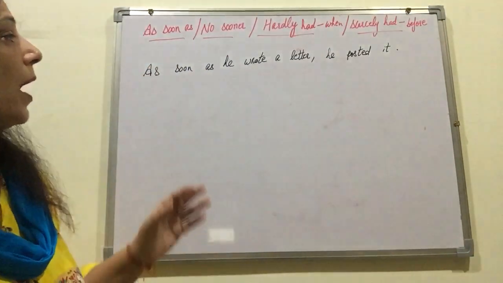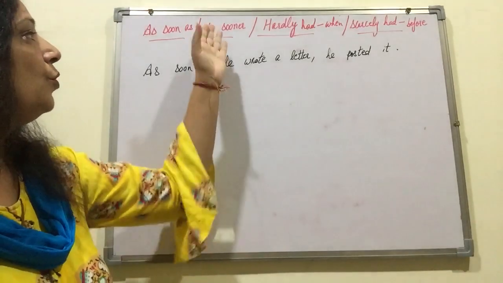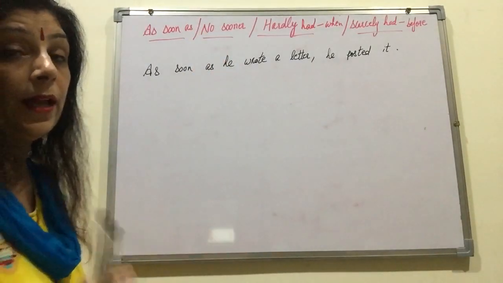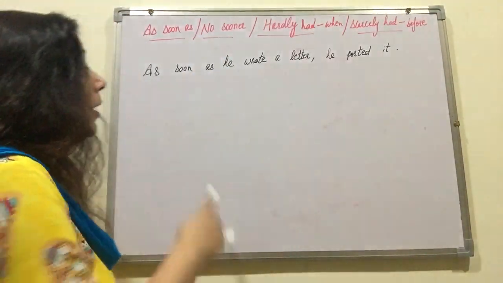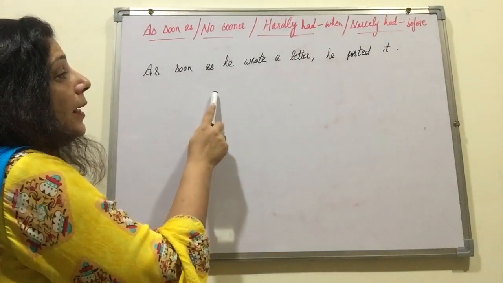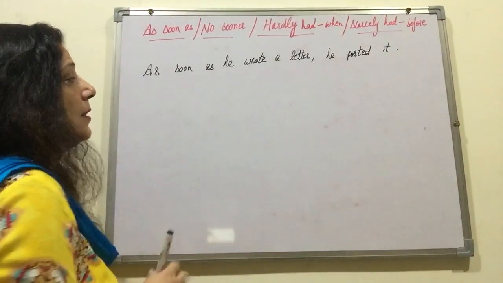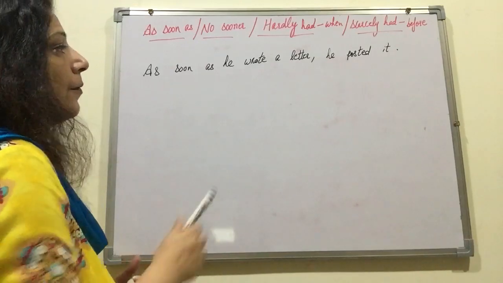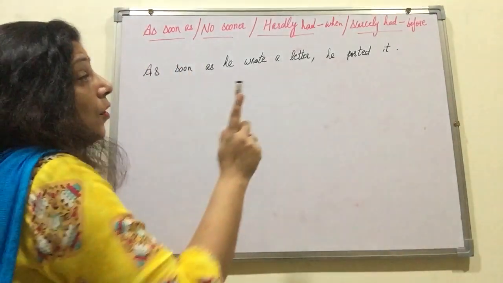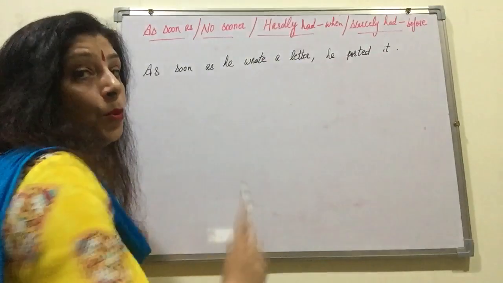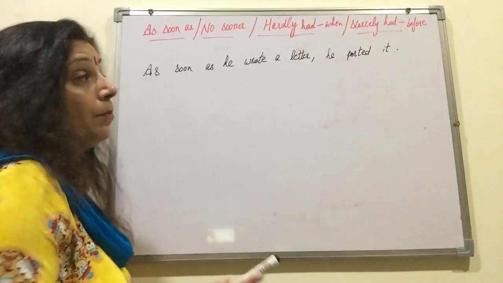Right? Now I ask you to change it into no sooner. You can do it if you have studied my video number 1. No sooner did he write a letter, because did takes the first form, than he posted it. You know it by now.